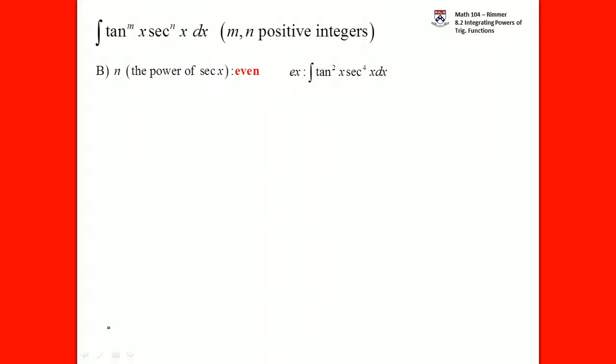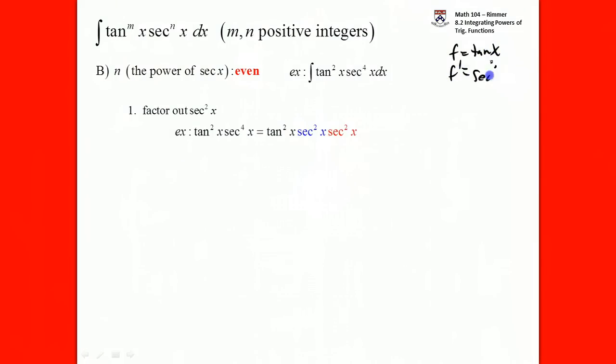You should probably figure it out by now. The power being even, you're going to factor out a secant squared because the derivative of tangent is secant squared.